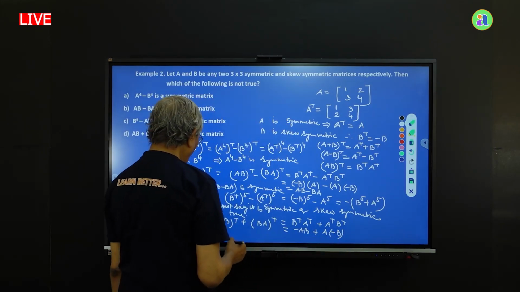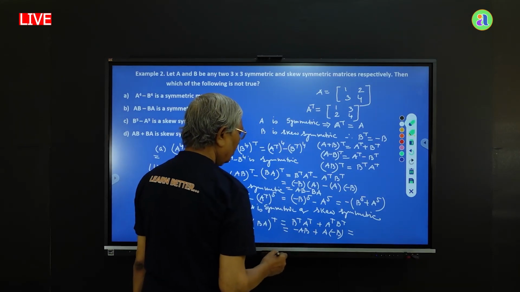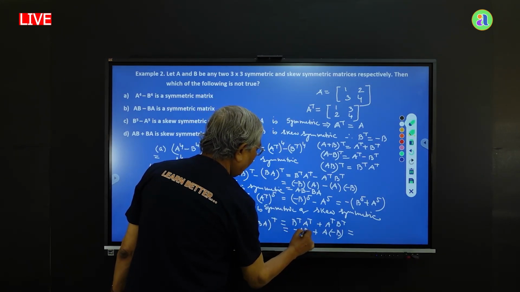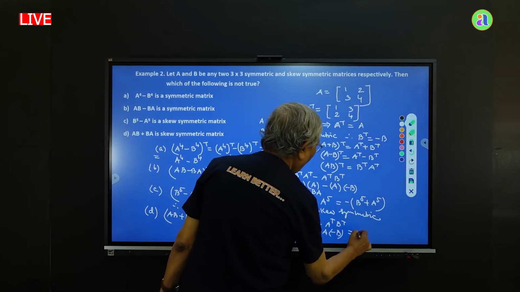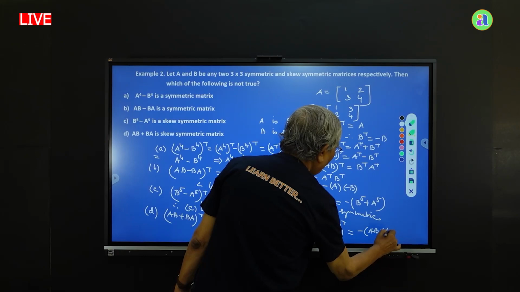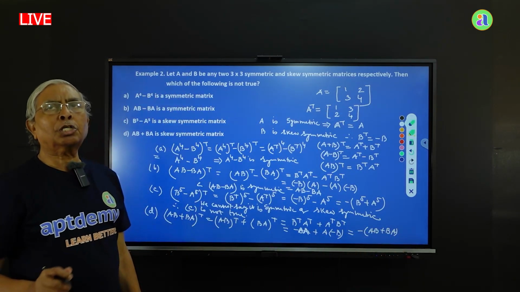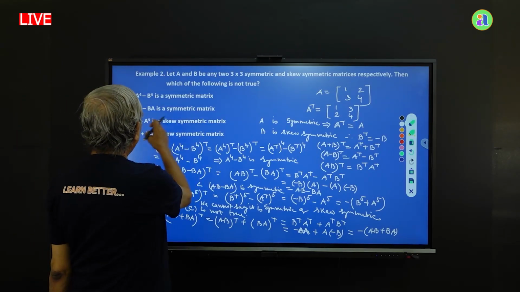So this is equal to minus of (AB plus BA). So this is a skew symmetric matrix. So this is correct, but C is not correct.